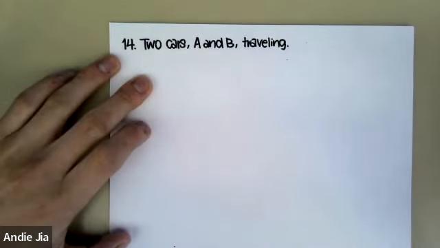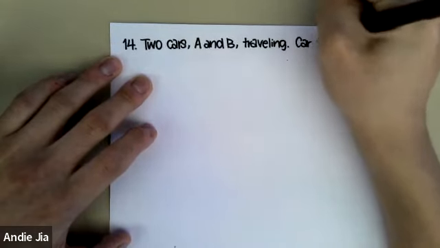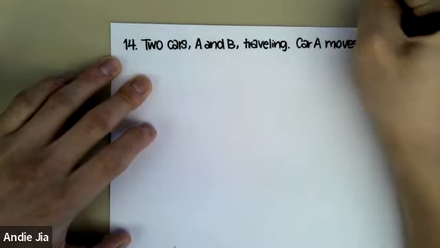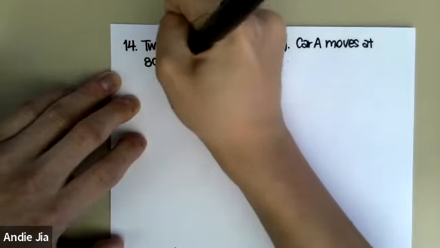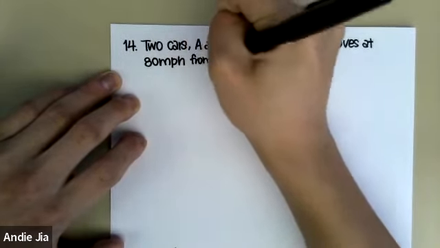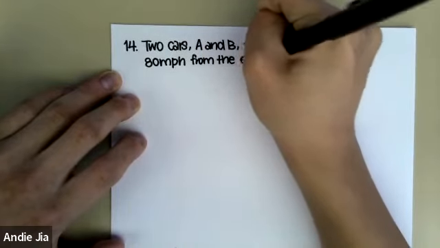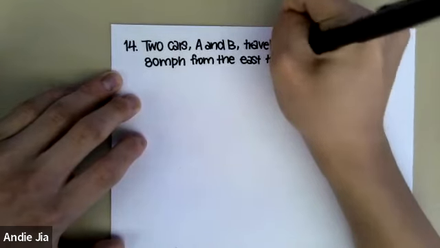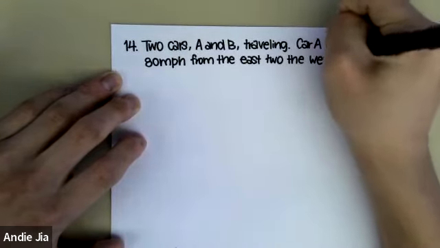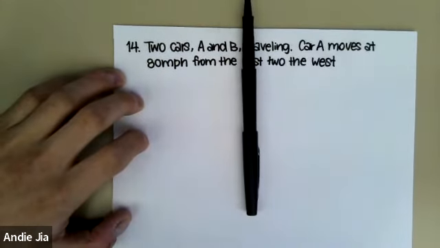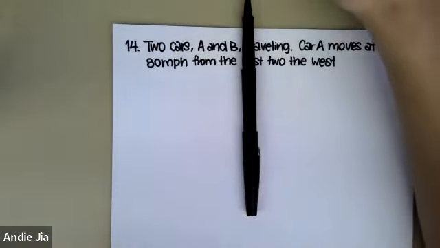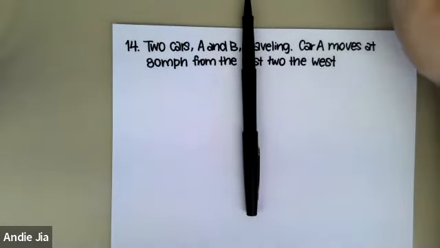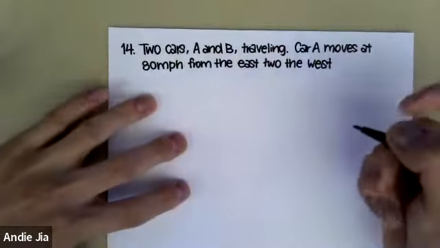Car A moves at 80 miles per hour from the east to the west.